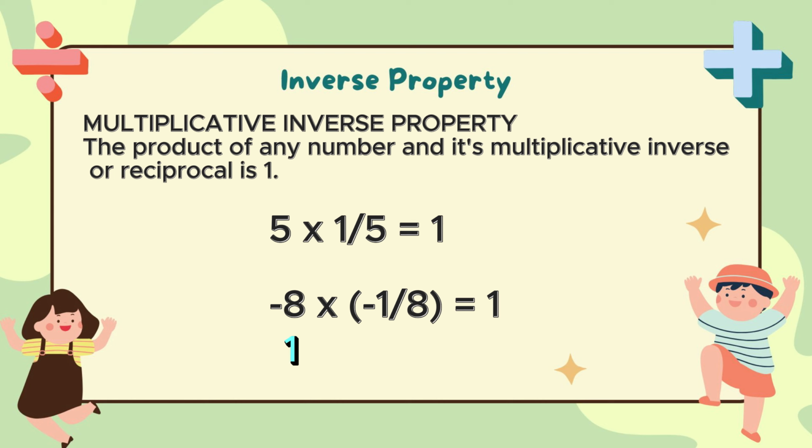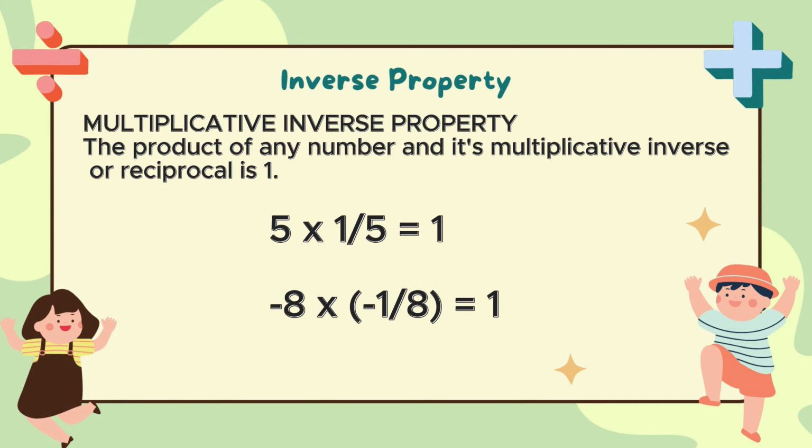Negative 8 is equivalent to negative 8 over 1, so the reciprocal is negative 1 over 8. So remember, if the number is negative or positive, the reciprocal or multiplicative inverse is also negative or positive.